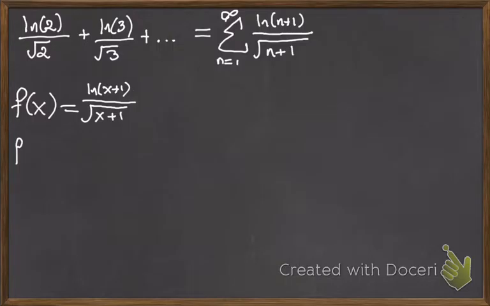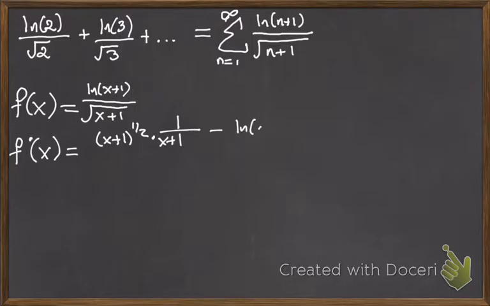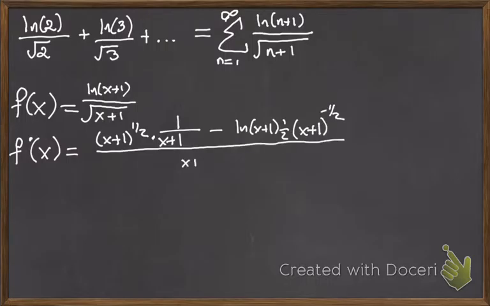Now we're going to go ahead and take the derivative of this thing, and it's going to be a little bit lengthy. We're going to use the quotient rule, and we'll write it with a user-friendly rational exponent. So there's low, d high, 1 over x plus 1, minus the high function, times the derivative of low, which will be 1/2, and then subtract 1 from your exponent, all over the low squared.